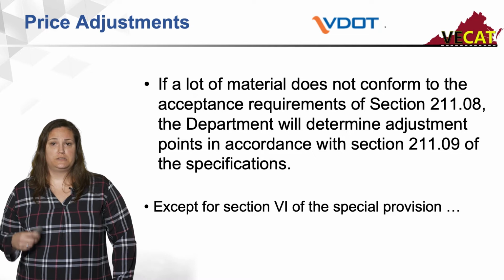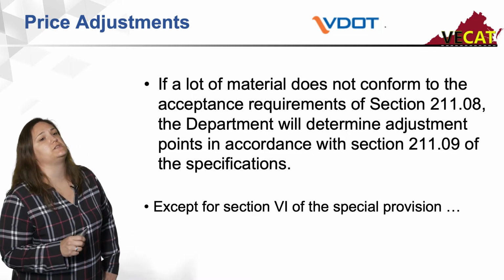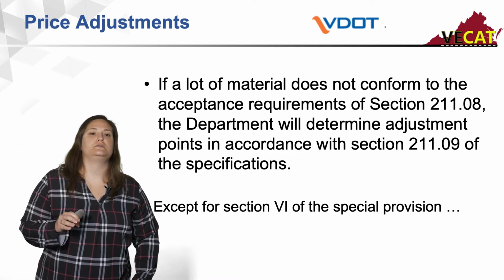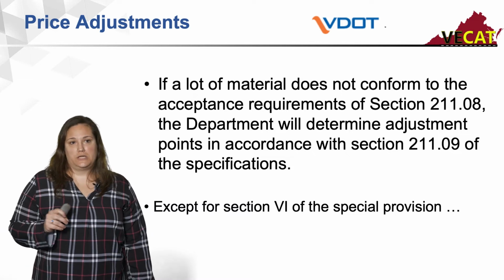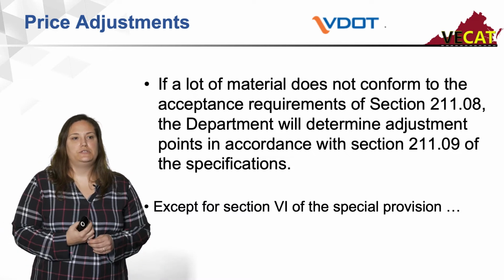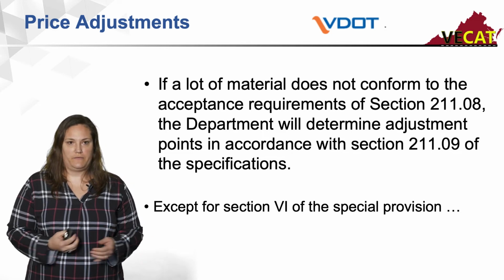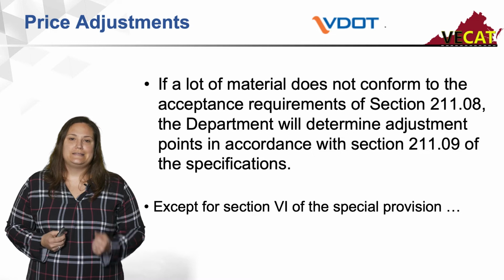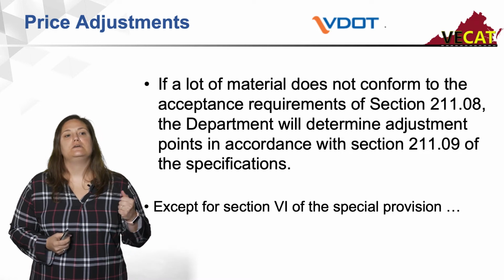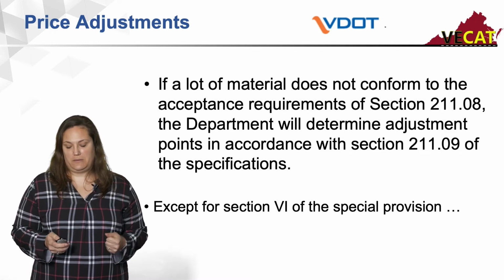So, price adjustments. A little bit has changed for the special provision here. If a lot of material does not conform to Section 211, the department will determine adjustment points in accordance to Section 211.09 of the special provision, except for Section 6 of the BMD special provision.